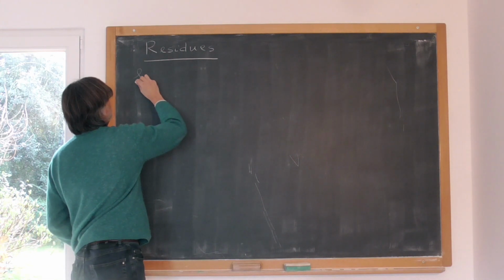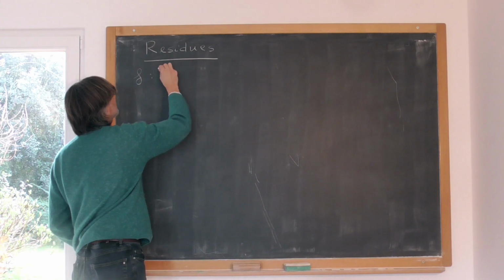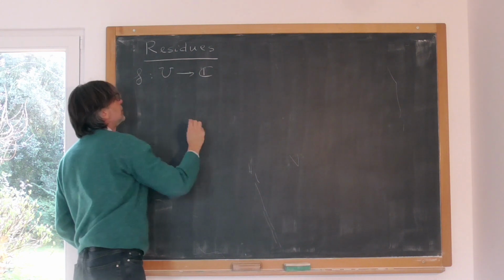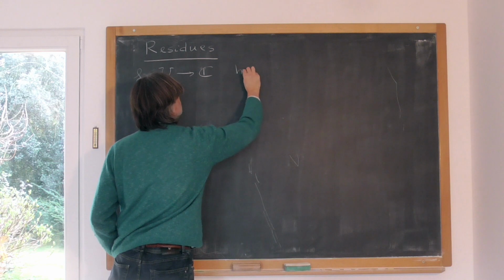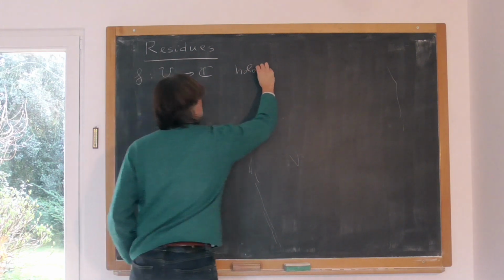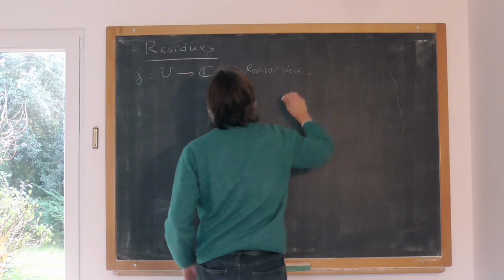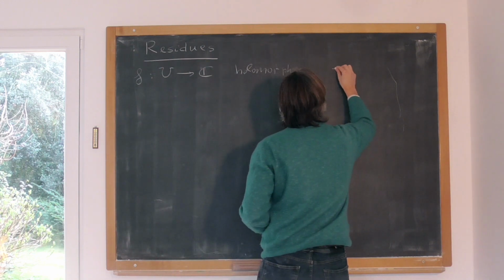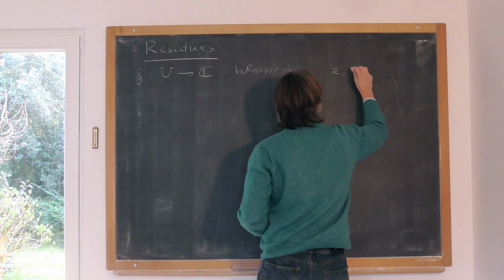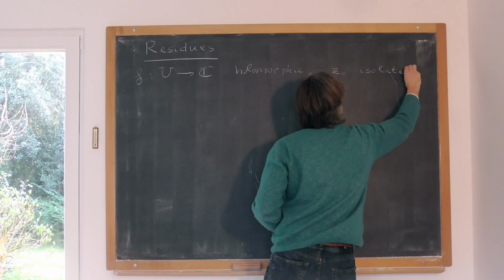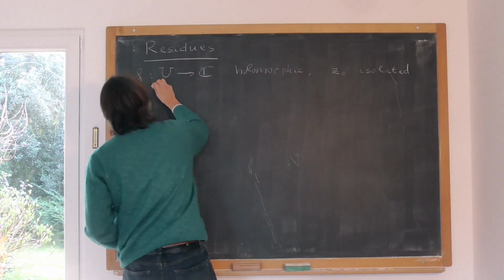We have a holomorphic function f, defined on an open set U. And we have an isolated singularity, z0 is an isolated singularity.